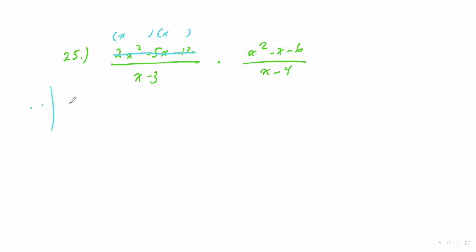Multiplies to -24, because it's a times c now, and adds to -5. That's 1 and 24, 2 and 12, 3 and 8, 4 and 6. I've got to multiply to a negative, so one of these has to be negative, and since I'm adding to a negative, that tells me the bigger number has to be negative. Well, that gives me -23. That's not right. That's -10. That's not right. That's -5. There's my winner. So this becomes +3 minus 8.